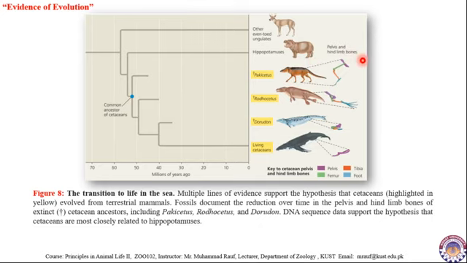You can see that a regression, or decrease, occurred in the size of the pelvis and hind limbs, and eventually the pelvis and hind limb bone just disappeared, and the forelimb developed into a flipper.